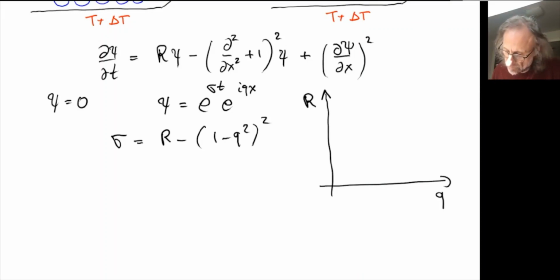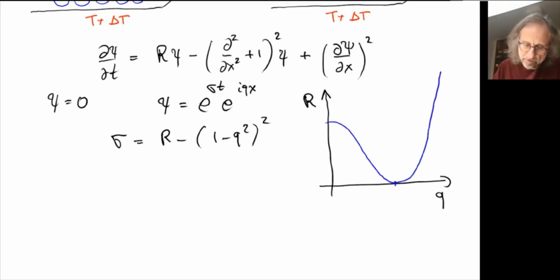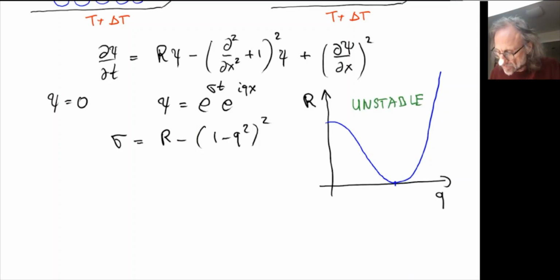There's some minimum here, which actually happens to be at R equals 0, and then the function looks like this. The statement is that when R is bigger than this curve, the growth rate is positive. That means the basic state is unstable, whereas below the curve it's stable.